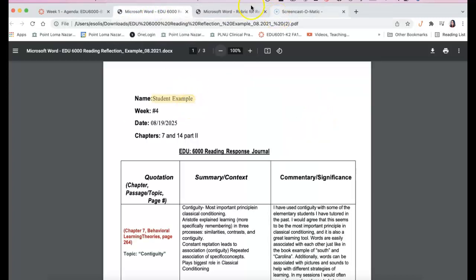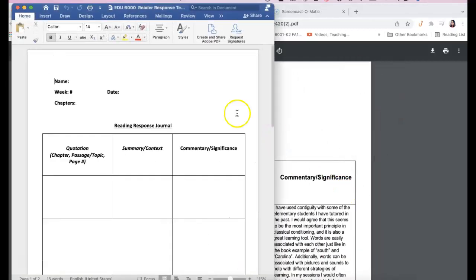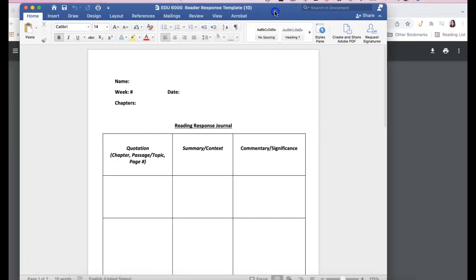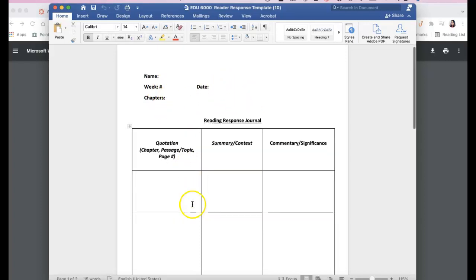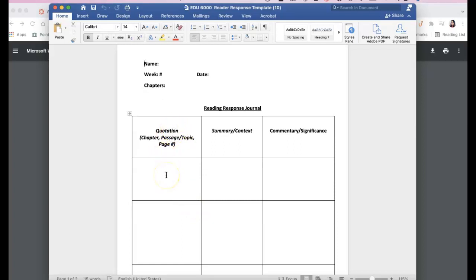As far as the actual template, here we go. You'll have a reading reflection, and you'll always want to put your name, the week, so you would put week 1, chapter, whatever the chapters are, and the date. Then here you want to put the chapter for sure, the page number, and the topic. So maybe it's a theorist, for example, like Chomsky.